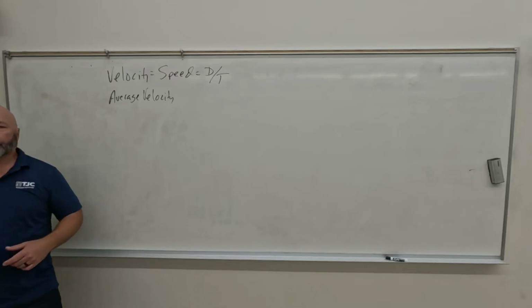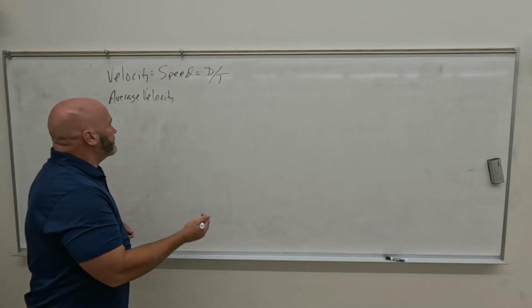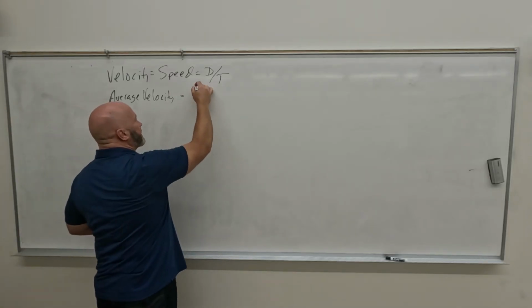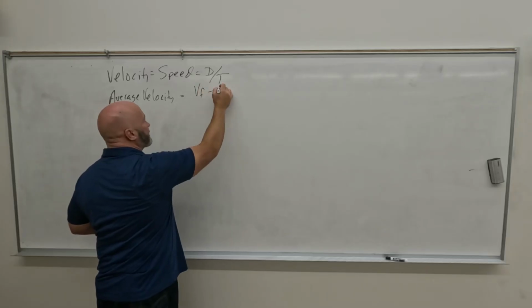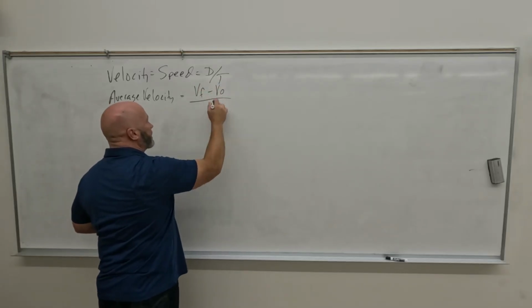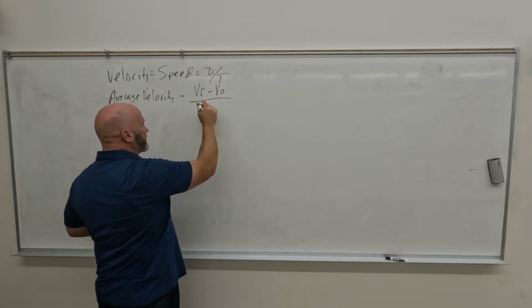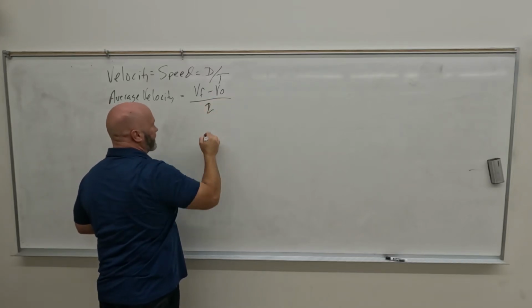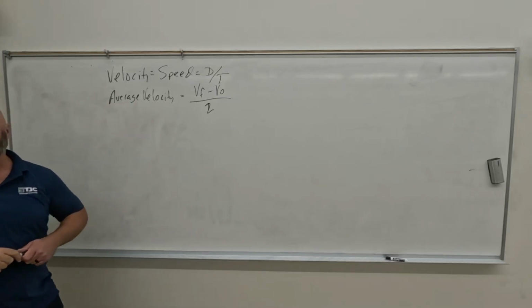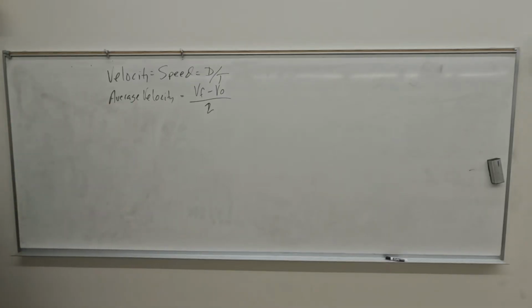That's going to give you your test average. So average velocity is the velocity that you finish with plus the velocity original, over 2. Okay, so that's going to give you your average velocity.